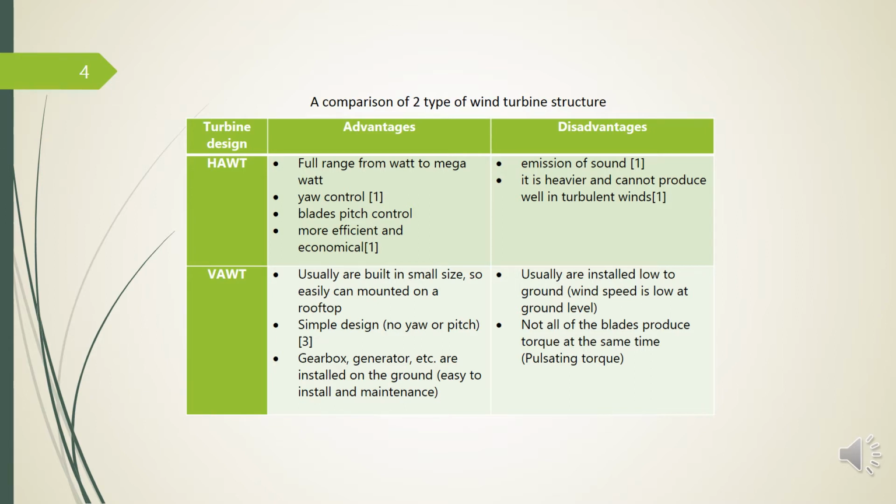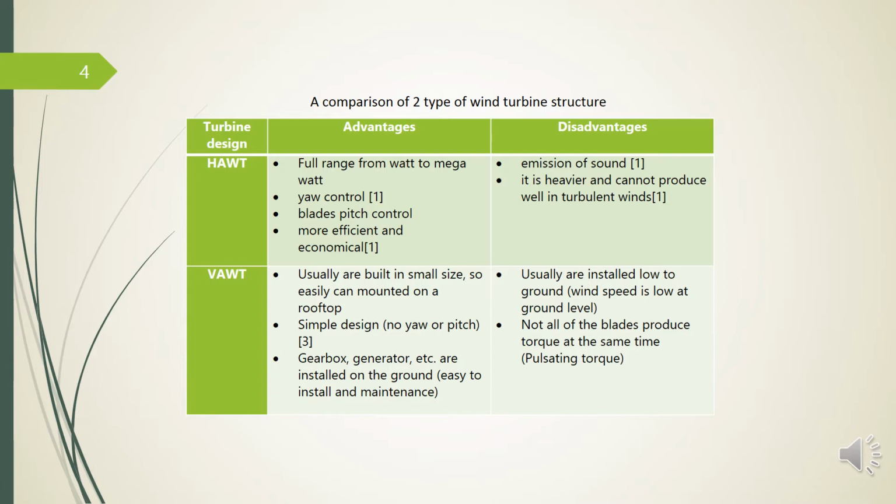Generally speaking, horizontal axis wind turbines are used for high-grade systems because they have a full range from watt to megawatt power. And also we have more electrical and mechanical control, like yaw control and pitch control, on these kinds of turbines.